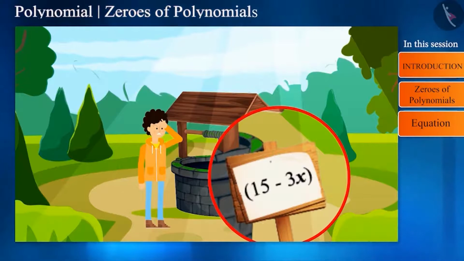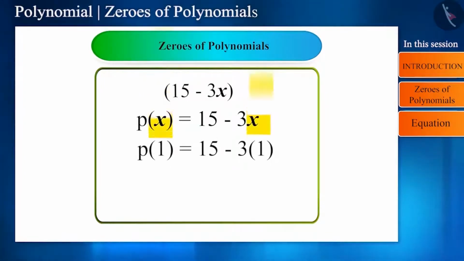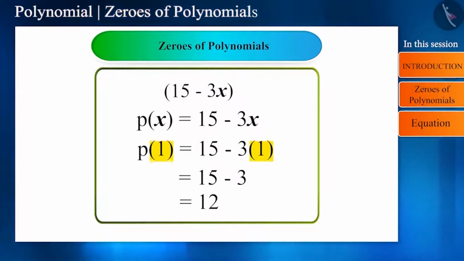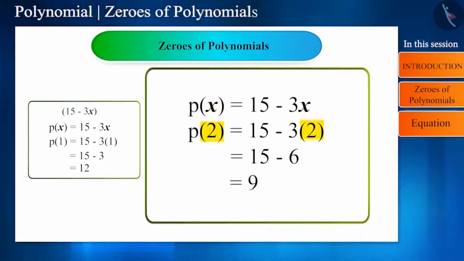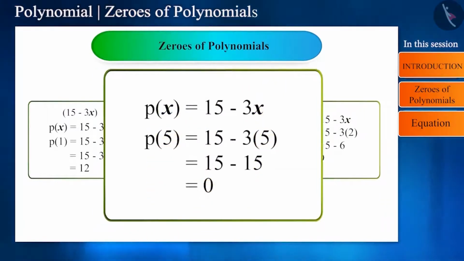A linear polynomial is written on the board and Rahul also received money according to that. Let's see how. If the polynomial written is p(x) = 15 - 3x, when Rahul dropped 1 rupee, according to this polynomial, variable x was replaced by 1 and he got 12 rupees. Similarly, on dropping 2 rupees, he got 9 rupees and on dropping 5 rupees, he got 0.